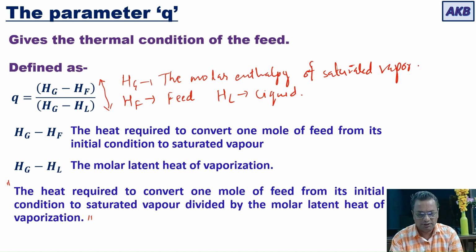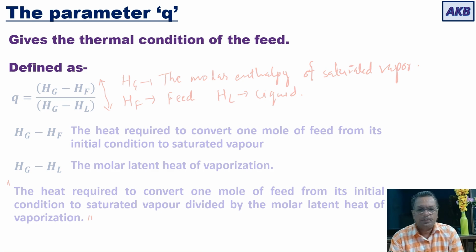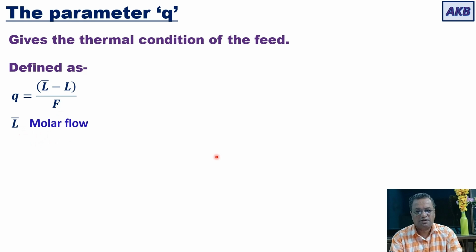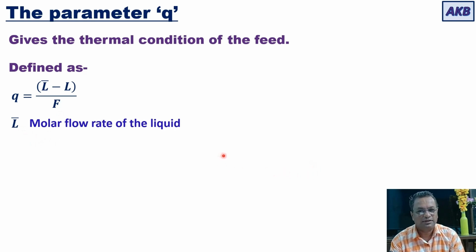Okay, so let us continue. There is another definition for parameter Q, which again I have discussed in my earlier videos. You can define the parameter Q using this equation as well: Q is equal to L bar minus L divided by F. L bar is the molar flow rate of the liquid phase in the stripping section.